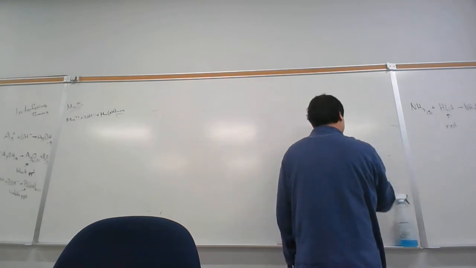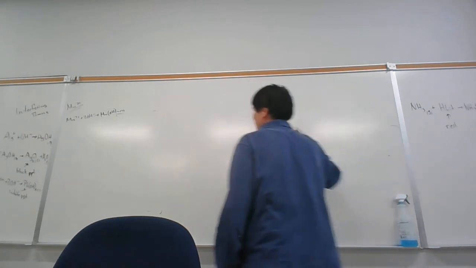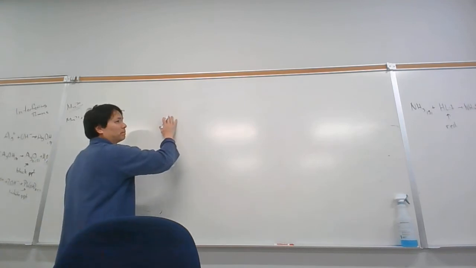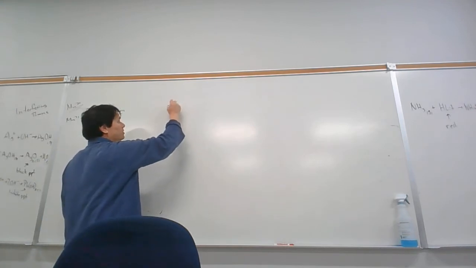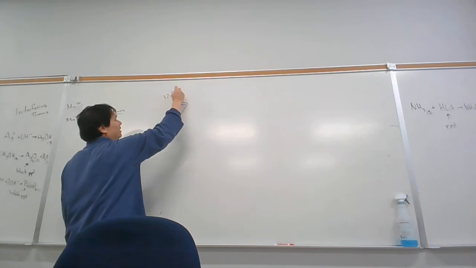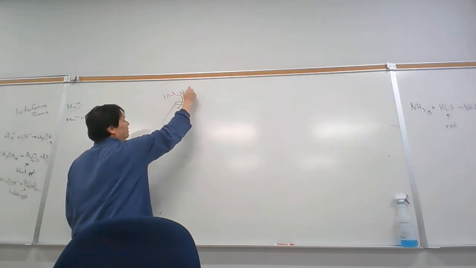So it's the same thing. Rather than reading the procedure, I like to draw little pictures of the steps. And so the procedure says get a large test tube. And then in this large test tube, put in 12 milliliters of unknown solution.